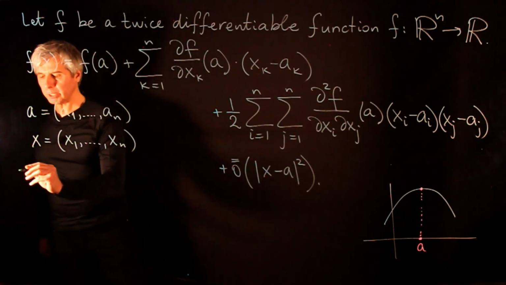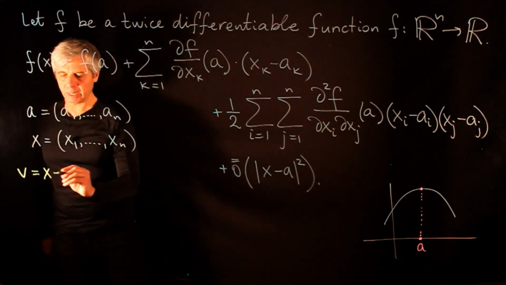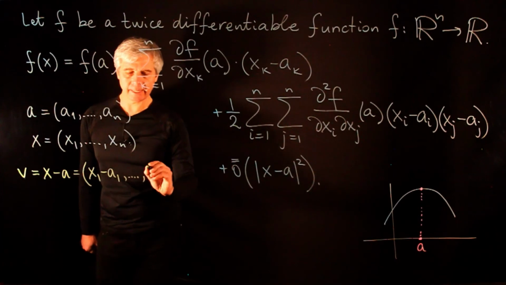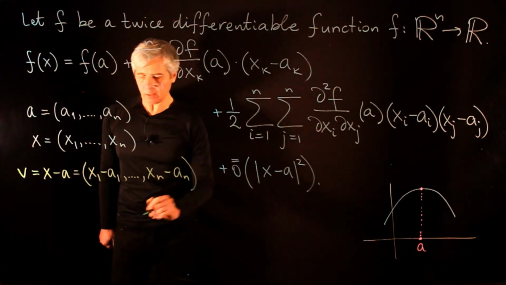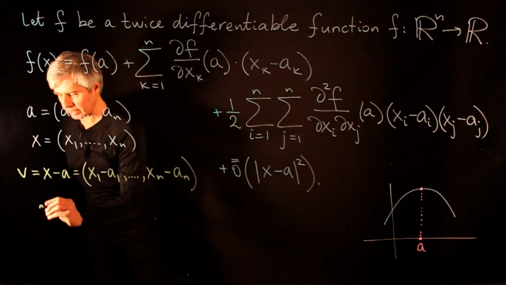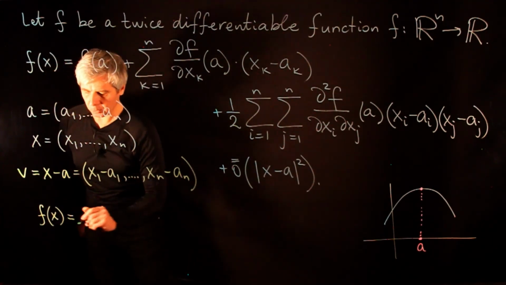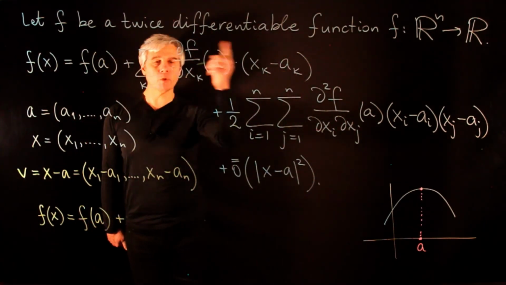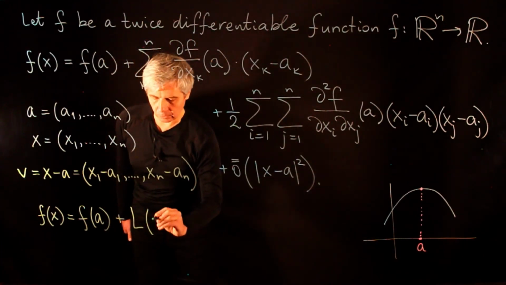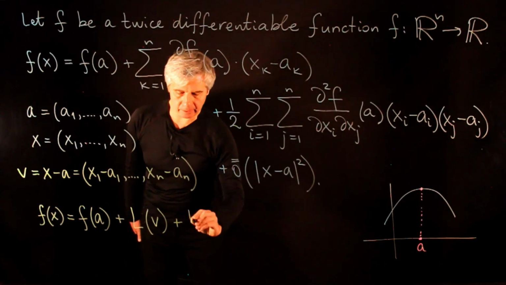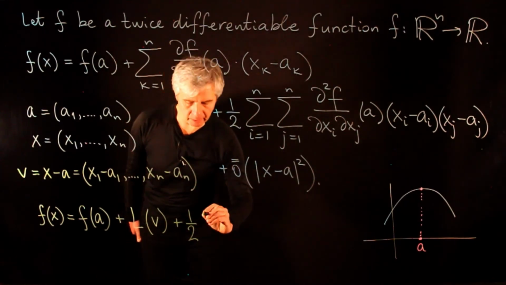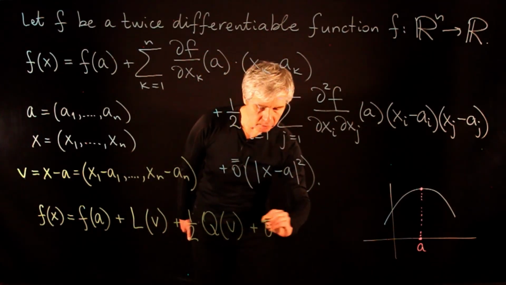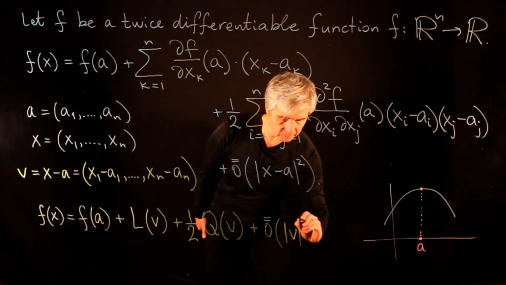If we introduce the displacement vector v, which is x minus a, so this is a vector x1 minus a1, dot dot dot, xn minus an, then we see that we can write this approximation as f of x is equal to f of a plus the first derivative terms will be a linear form of a vector v, and the second derivative terms will be a quadratic form on a vector v plus little o of the length of v squared.